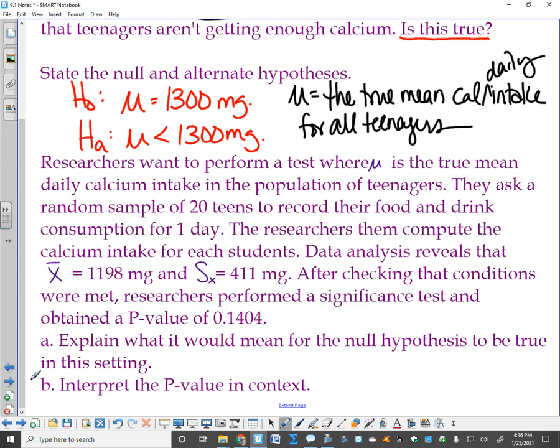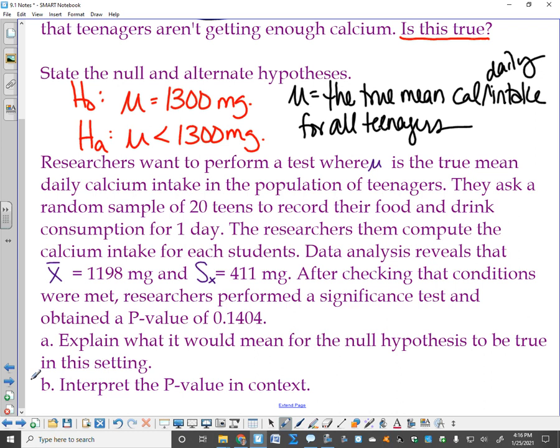They ask a random sample of 20 teens to record their food and drink consumption for one day. The researchers then compute the calcium intake for each student. Data analysis reveals that x bar, because this is a sample now, is 1198 milligrams and the standard deviation is 411 milligrams.